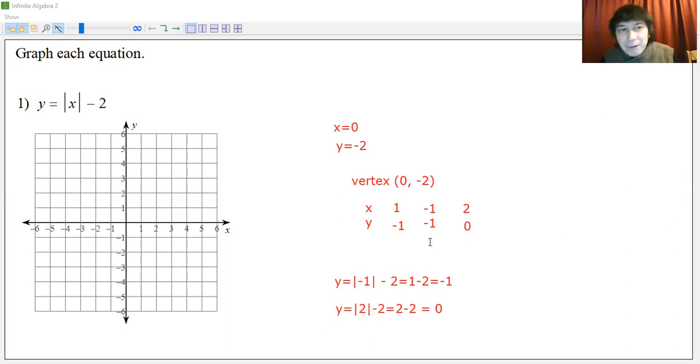Okay. How about a value of x to the left of negative 1? That will be a negative 2. So we shall use a value negative 2 for x, and then compute for the value of y. All right, so let's make use of the given equation again. This is absolute of negative 2 minus 2.